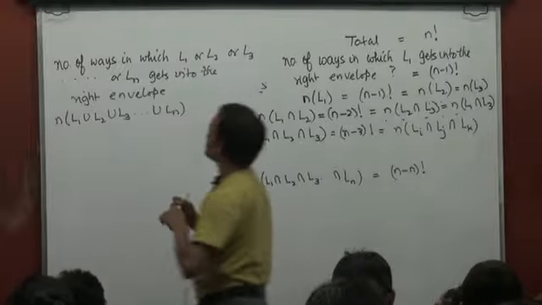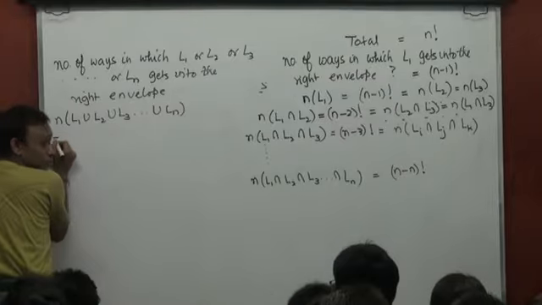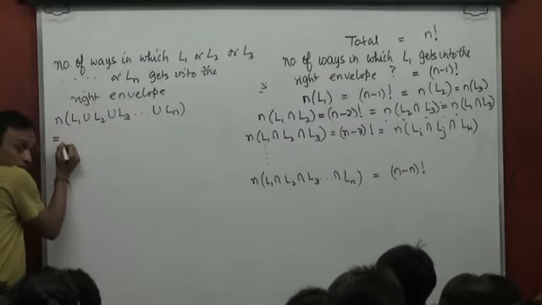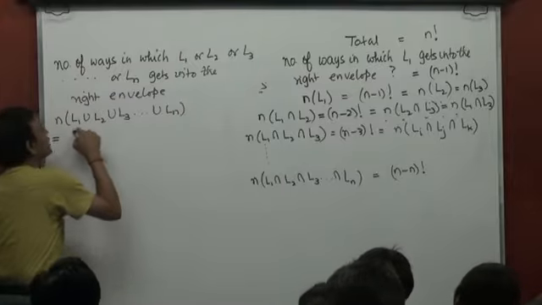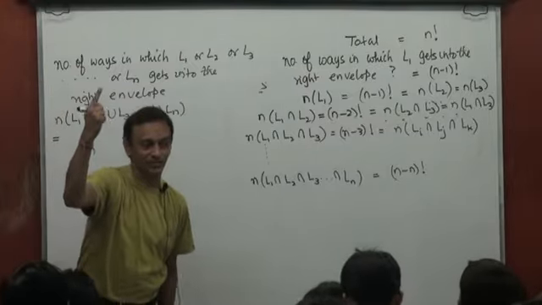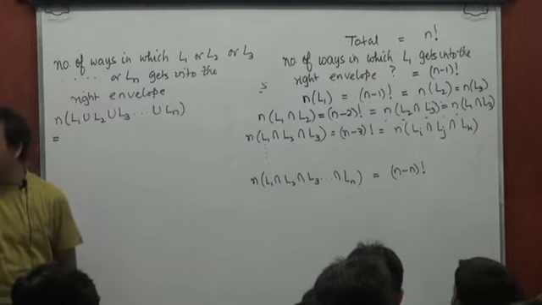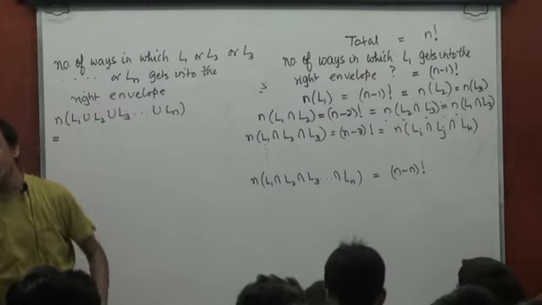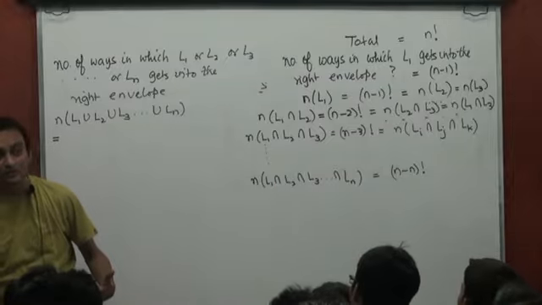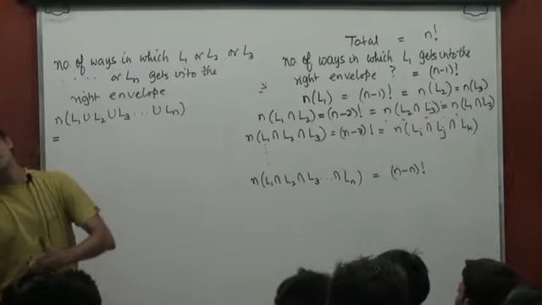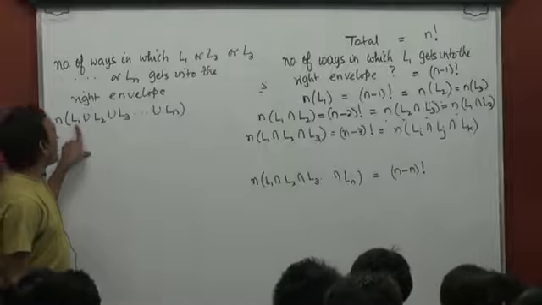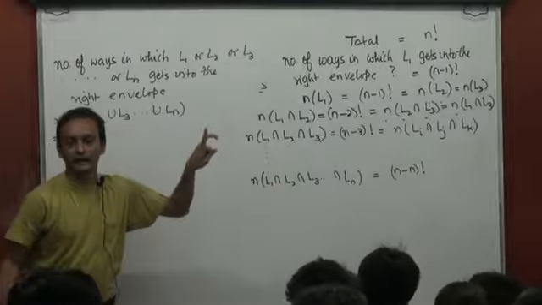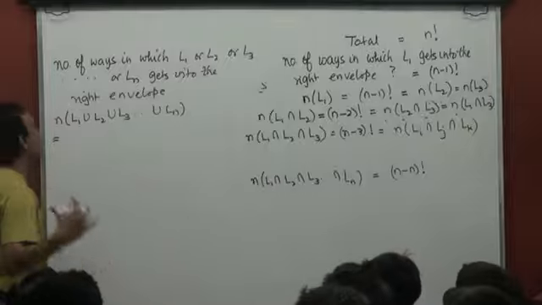That's going to be from the principle of inclusion and exclusion. That means this would give you the number of ways in which at least one letter would have got into the right envelope. There could have been more than one letter getting into the right envelope, but at least one.